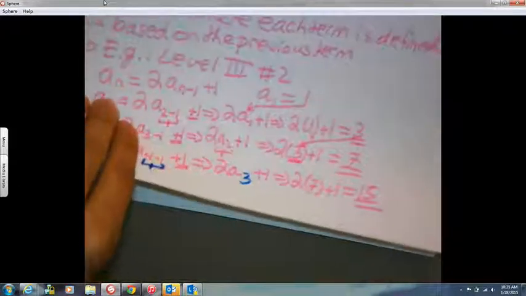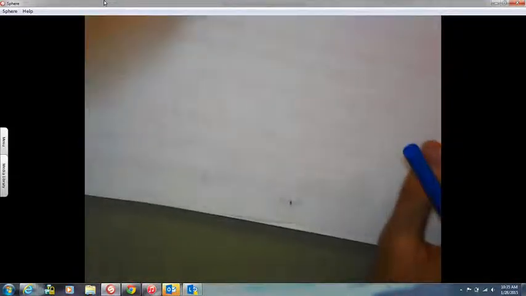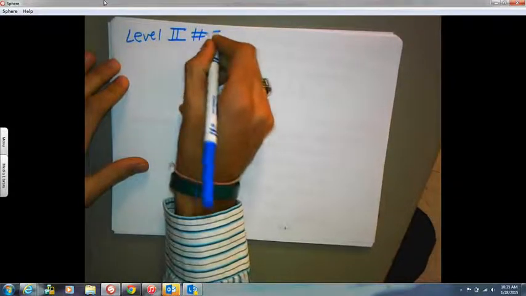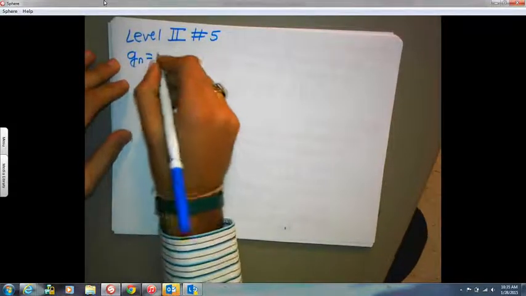And the last one I want to do is level 2, problem 5. And they have g sub n equals x to the 2n over 2n.